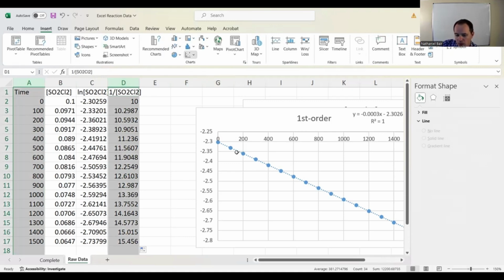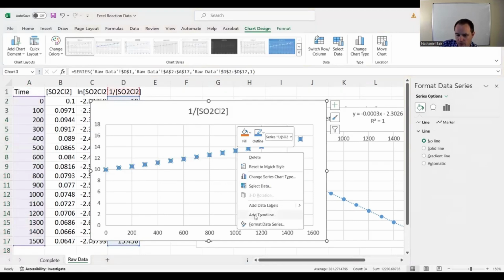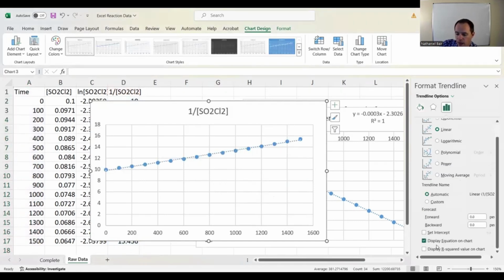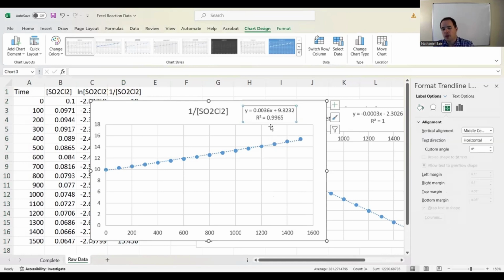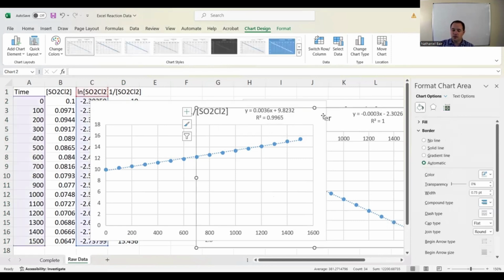And now you can visually see this is not going to be as good of a fit. We're going to add all this stuff. And there we go. It's only an R squared of 0.9965. So obviously the best fit was that first order. The zero and the second order were all okay, but the first order was easily the best.